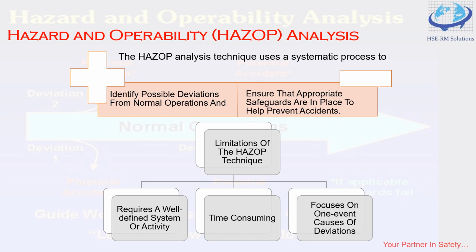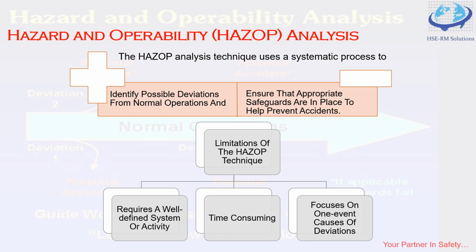The second limitation, rather, is that it's time consuming. The HAZOP process systematically reviews the credible deviations and identifies potential accidents that can result from the deviation. Now it investigates engineering and administrative controls to protect against the deviation and generates recommendations for system improvements.